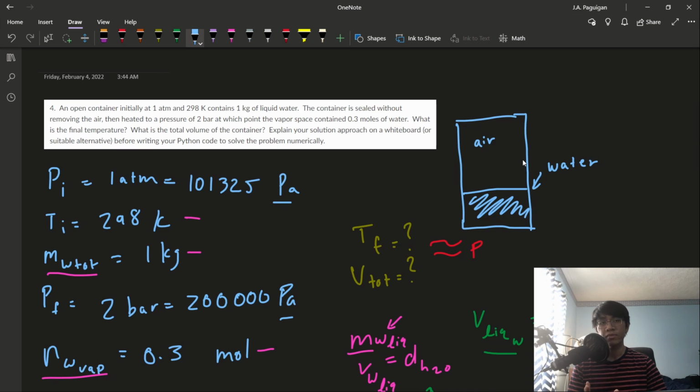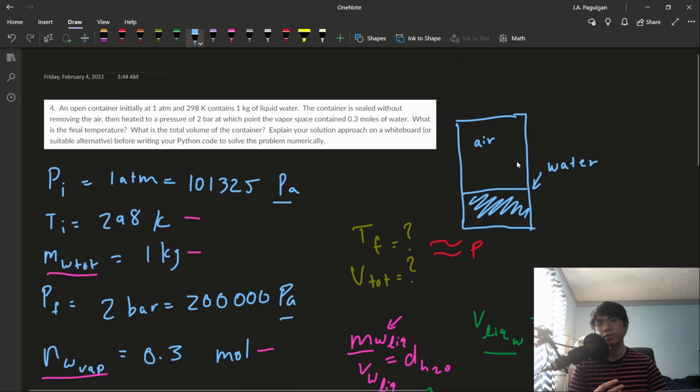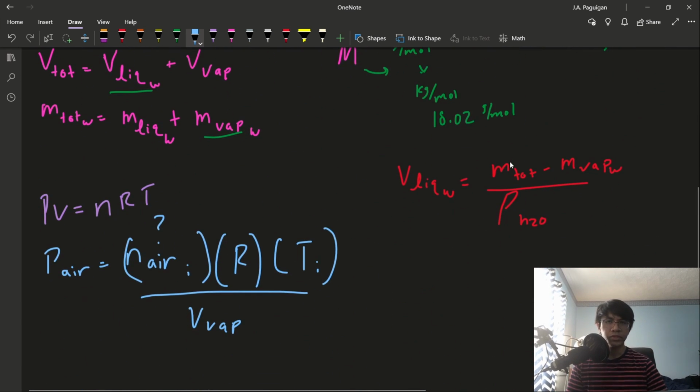You can say that with the mass of water, as there's no possible way for the weight to leave the system. But the mass of the water does change as some of it is going into the vapor phase as the temperature increases. So that is why we are using initial conditions, because this will also help us when we find a relationship for the moles of air.